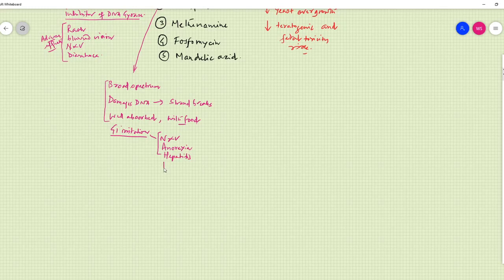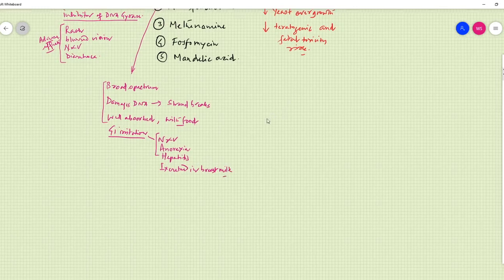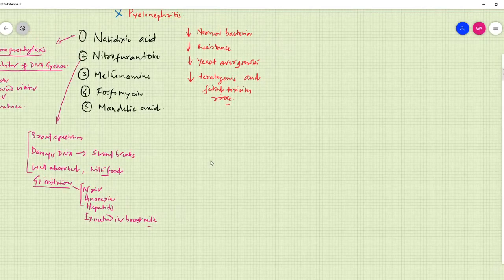It is excreted in breast milk, so it could be a concern if the mother is suckling.